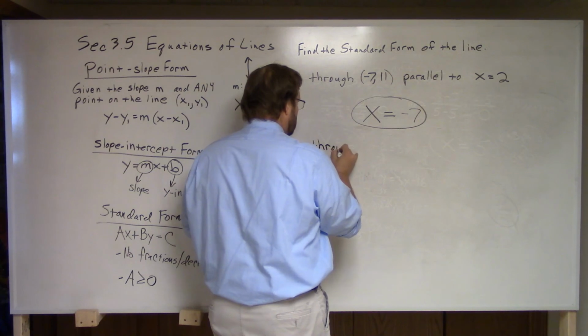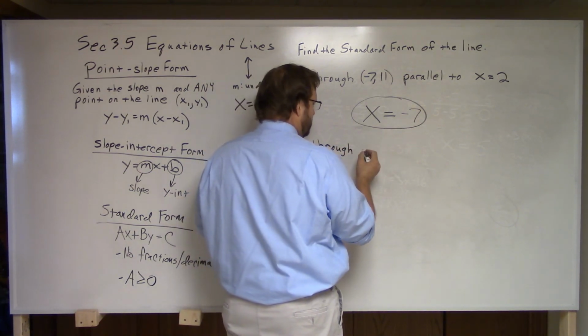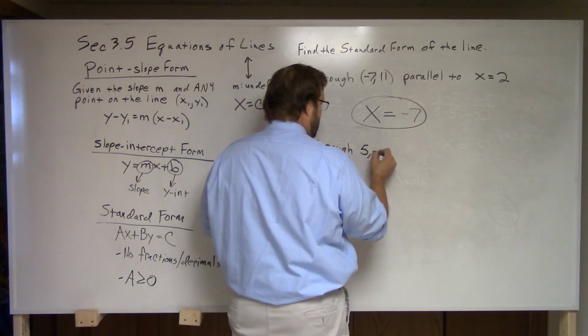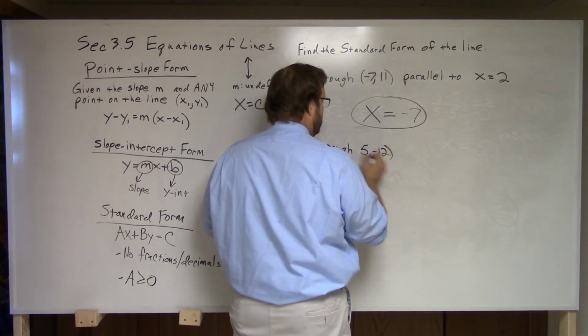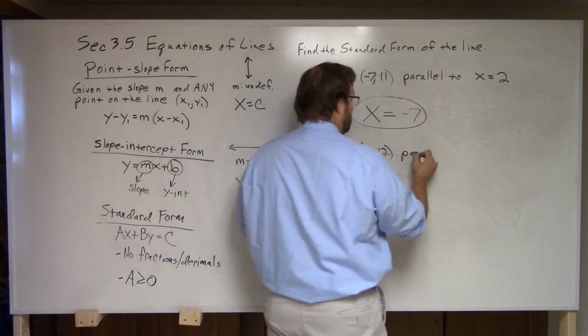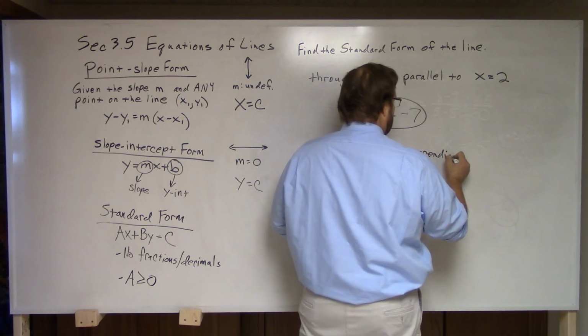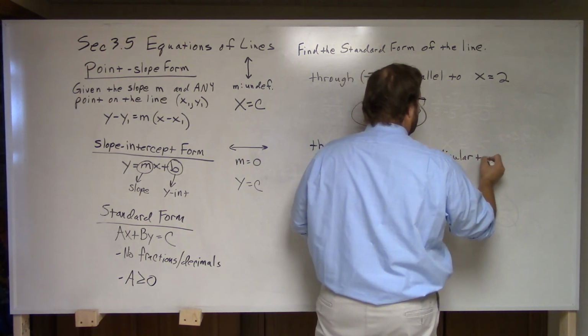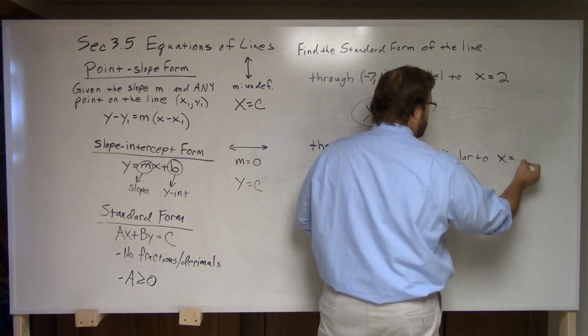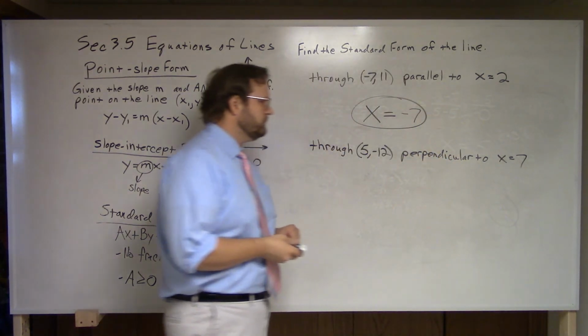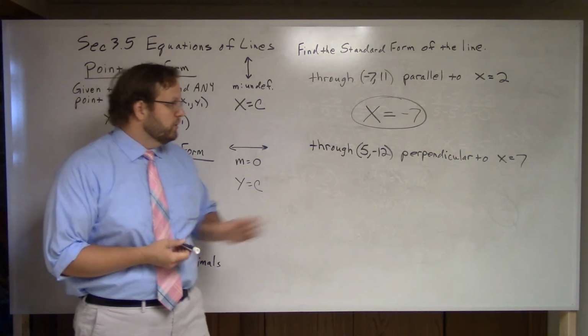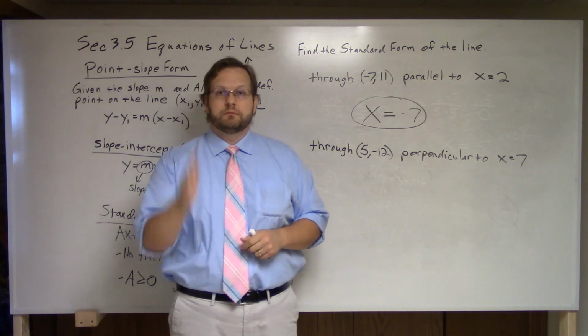Okay? Now, what about through, let's say 5, -12, and perpendicular to x equals 7. Okay? So, again, x equals 7. What kind of line? Vertical.